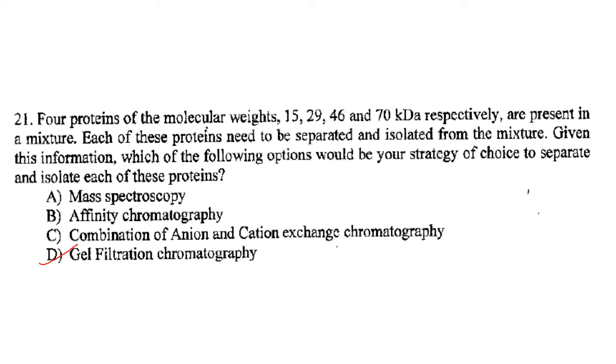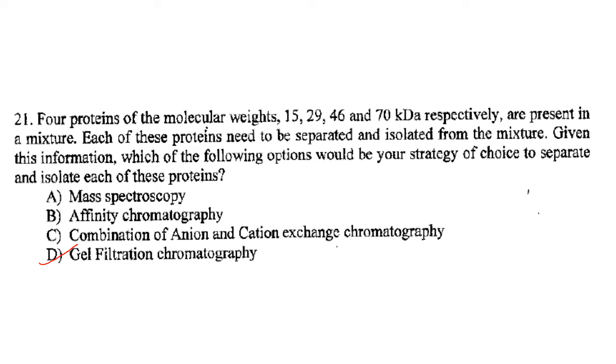Then next one. 4 proteins of molecular weights 15, 29, 46, 70 kDa respectively are present in a mixture. Each of these proteins need to be separated and isolated from the mixture. Given this information, which of the following options would be your strategy of choice to separate and isolate each of these proteins?